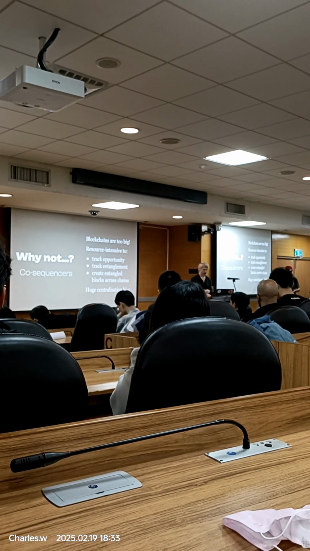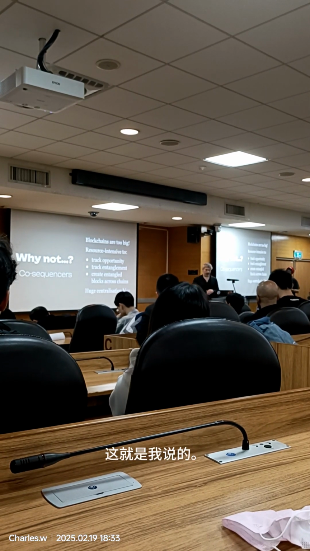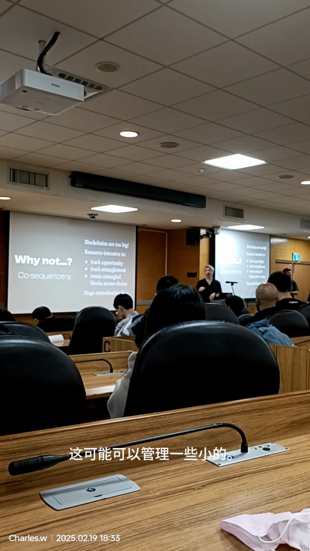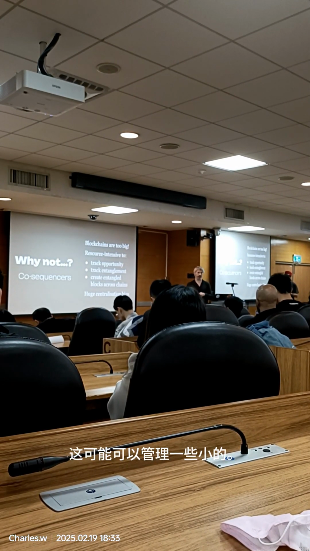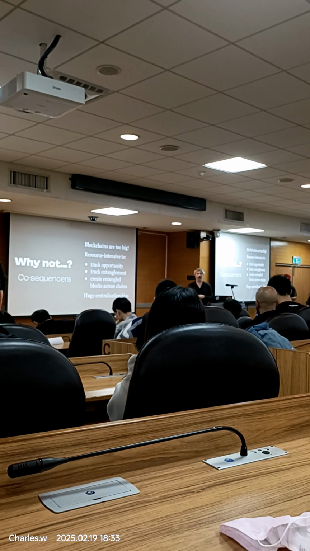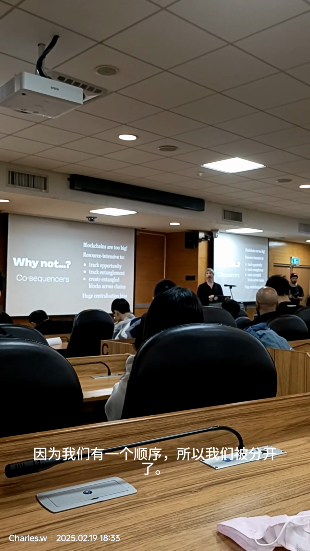Now, as I say, this can maybe be managed for a small number of chains. It becomes very difficult when we bring in lots and lots of chains, basically because we have an order n squared problem.